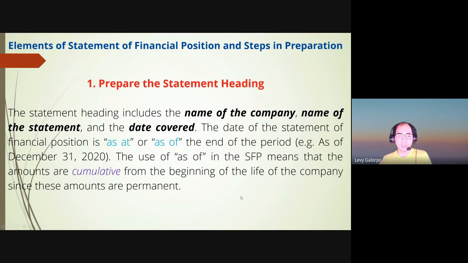Ano ba yung cumulative? Naiipon. Kaya ang sinasabi as of December 31, as against dun sa isang financial statement na ma-discuss natin on the next weeks. Basta itong balance sheet, pag sinabi natin na as of December 31, 2020, pinapakita nito ang position or condition or the picture of the company by that date.